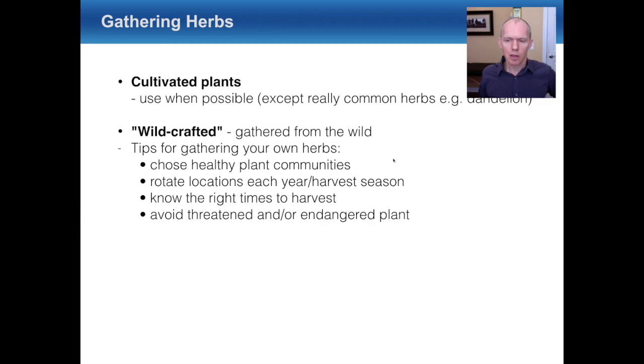For example, there's research that shows that if you want the essential oils in lavender or peppermint, then pick it first thing in the morning because the plant's been manufacturing these essential oils all night long, and they'll be concentrated in the plant in the morning. If it's 30 or 40 degrees outside, those volatile oils are going to escape into the atmosphere throughout the day, and so in the evening there's going to be lower amounts in the plant than there would be in the morning.